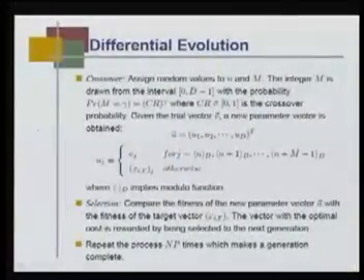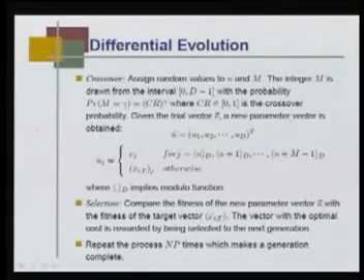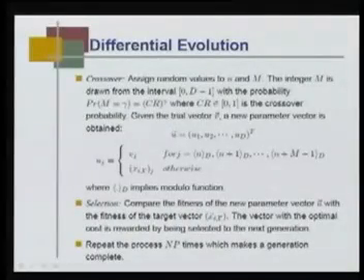So, once I create a trial vector, you see that if my population size is n p, then my trial vector size also is n p. Then what do I do? I do a crossover. Once I create this trial vector, I perform crossover on it in this manner. I define two parameters n and m, and they are random integers.